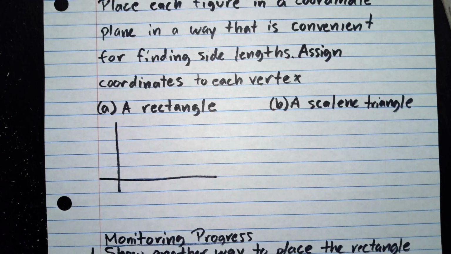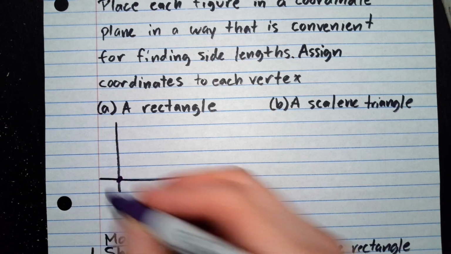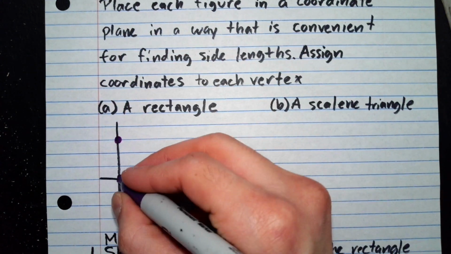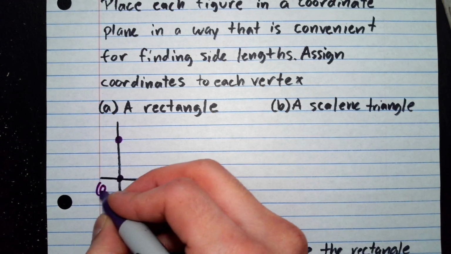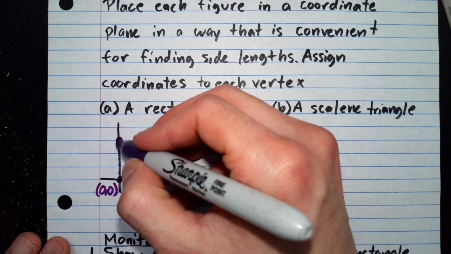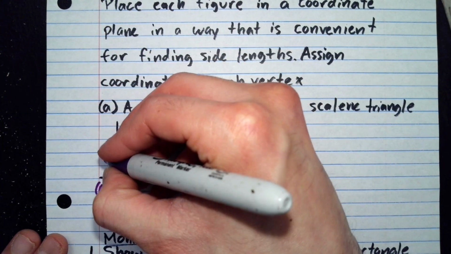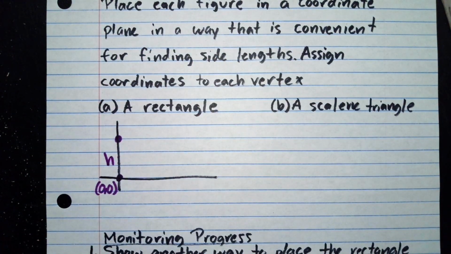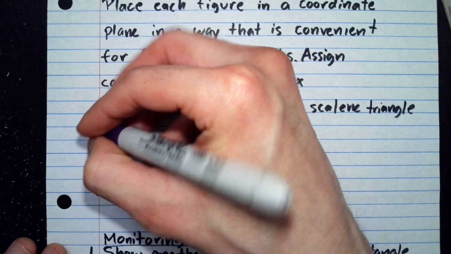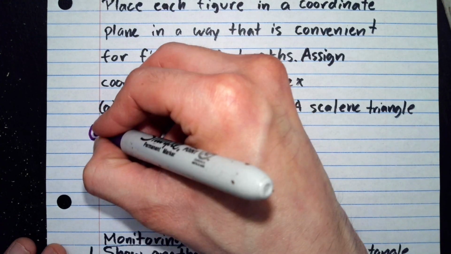If I have a coordinate axis, and I put one point of the rectangle there and another one right here. This is my origin, so my origin is always going to be 0, 0. And let's say I went over here at a height h. If I want this side to be h, this coordinate has to be 0, h.